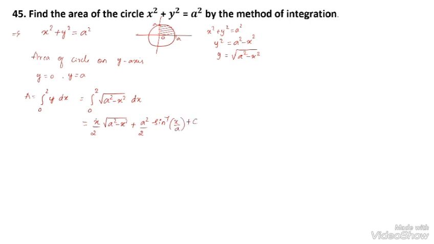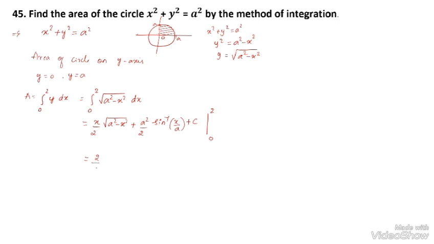This is the formula of integration of root of a square minus x square. Here I can apply the lower limit and upper limit. Wherever there is x, we apply the upper limit first.